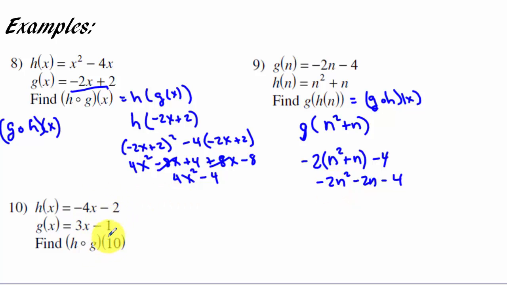Now we can do composite functions with numbers. So we first need to evaluate g of 10. So it's going to be 3 times 10 minus 1, which is 29. And now that input is going to go into the h function.